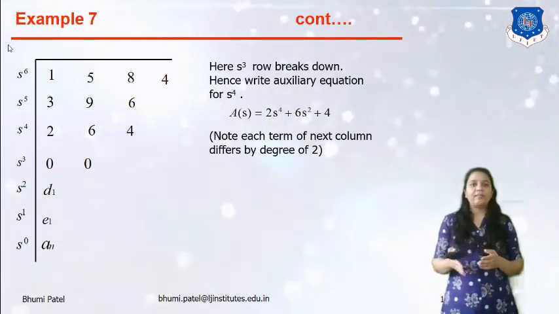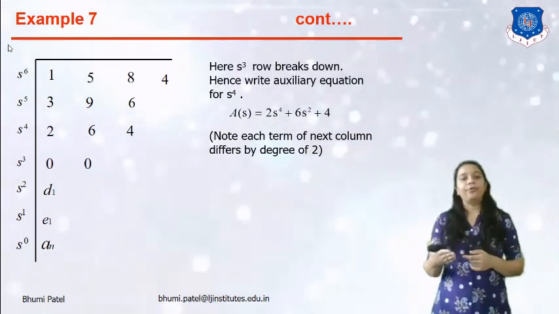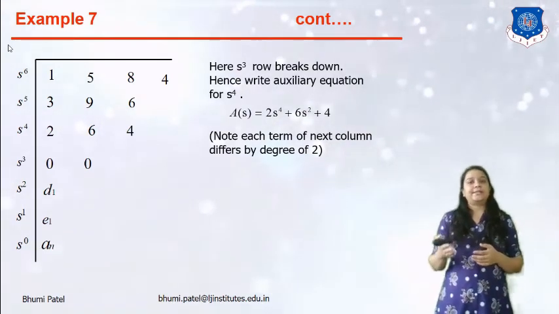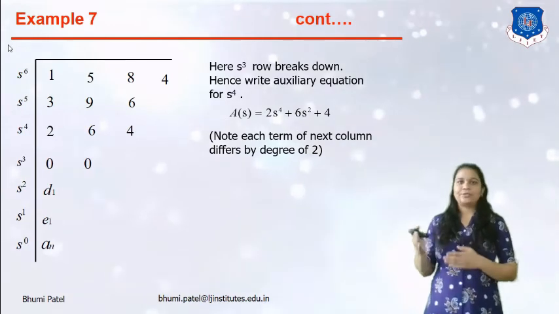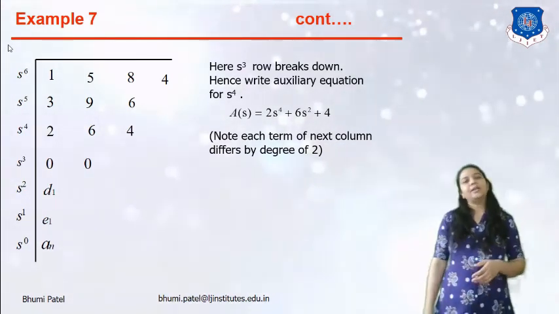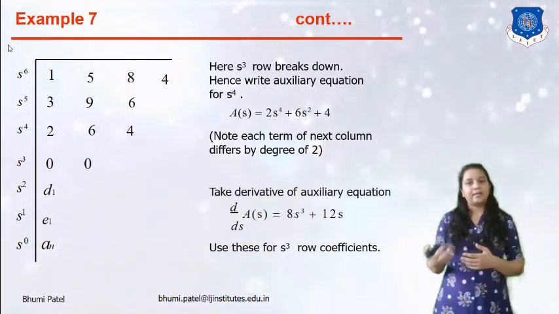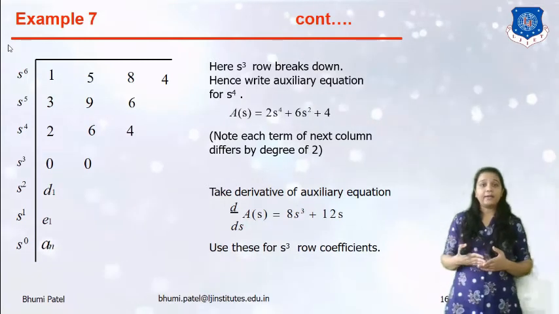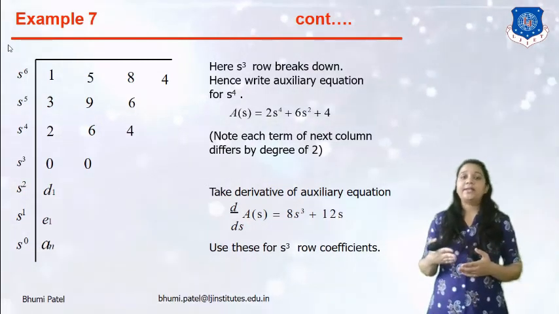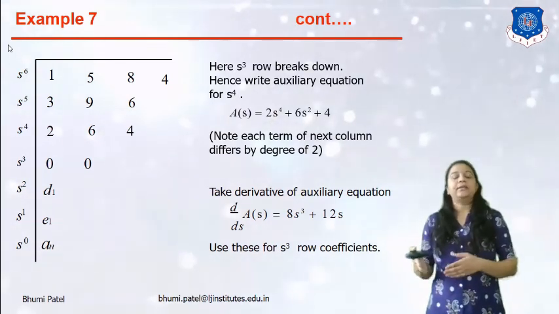So the equation will become A(s) is equal to 2s raised to 4 plus 6s square plus 4. Here each term differs by a degree of 2. So we can take the derivative of the auxiliary equation. We get dA(s)/ds is equal to 8s cube plus 12s, and the derivative of 4 is 0.